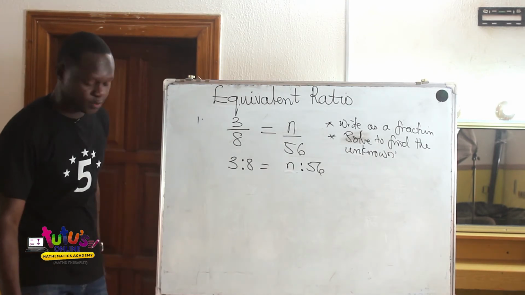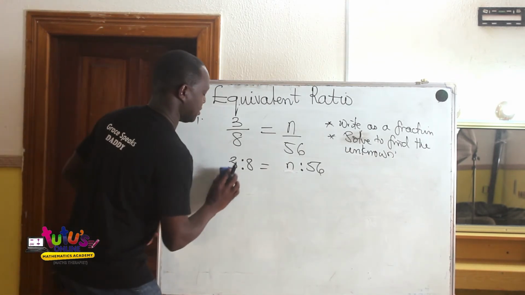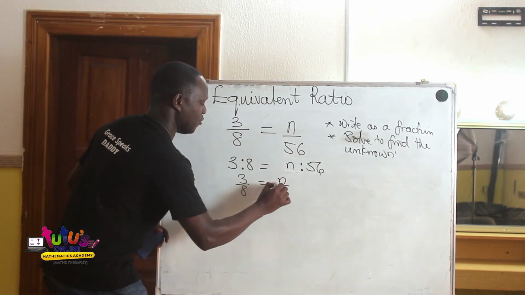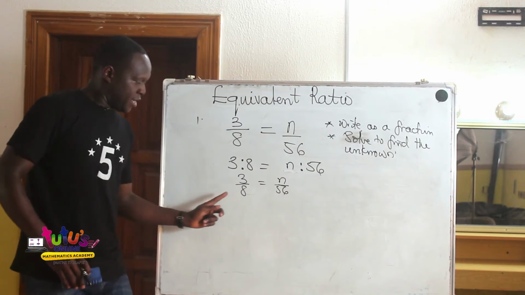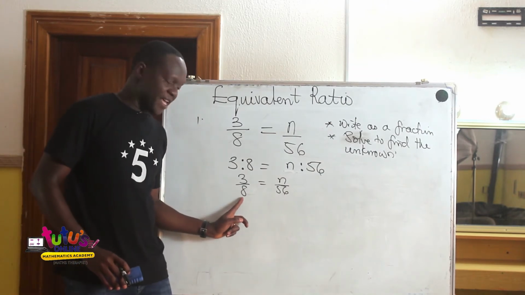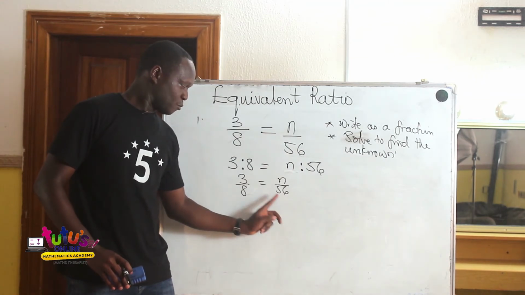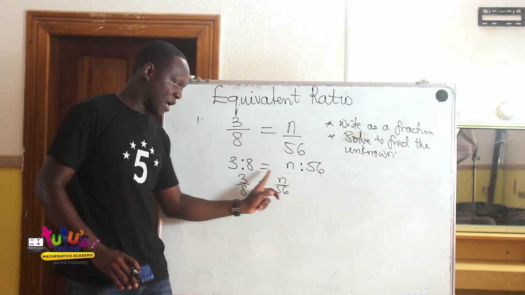So from here, what do we do? We have it as 3/8 equal to n/56. If you take note, you have 8 here, and you have 56 here. You have 3 here, you have n.